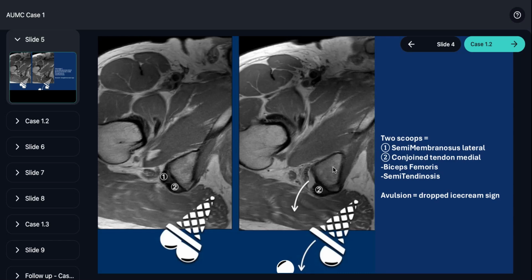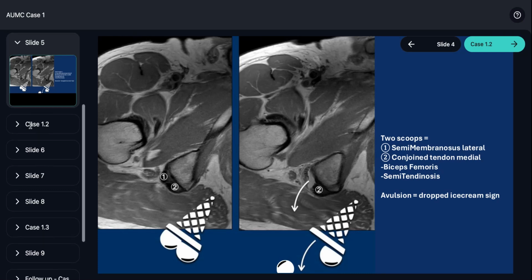And as depicted here on this radiology assistant page, you can see that one of the scoops of ice cream is missing, being the dropped ice cream sign, or in the case of a total avulsion of both tendons, then the two scoops would be missing.